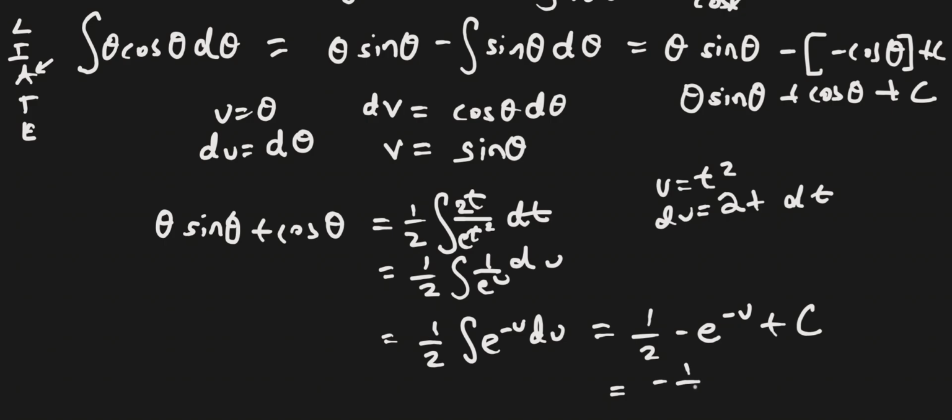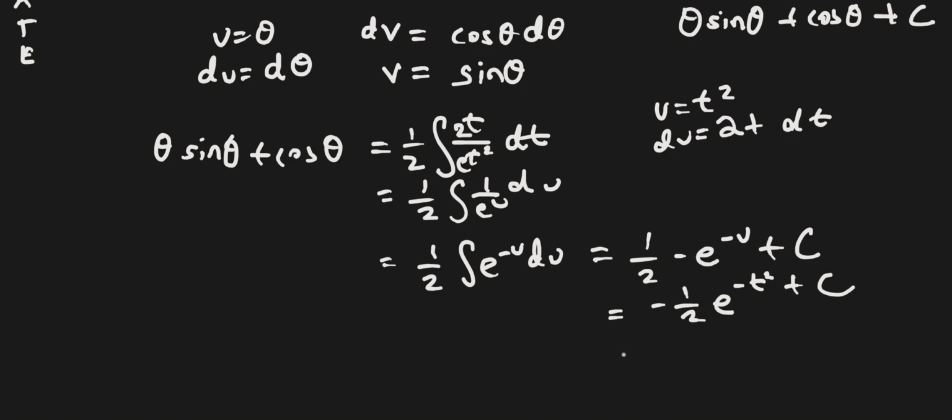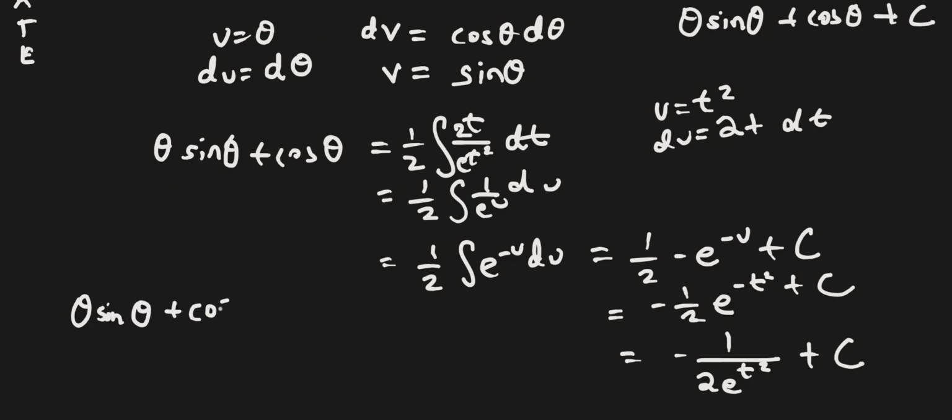So it's negative 1/2 e to the negative t squared plus c, or also negative 1 by 2 e to the t squared plus c. So now we can write this: theta sine theta plus cosine theta is equal to negative 1 over 2 e to the t squared plus c1.